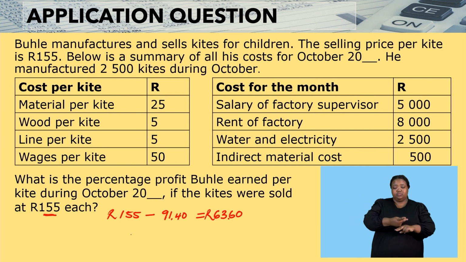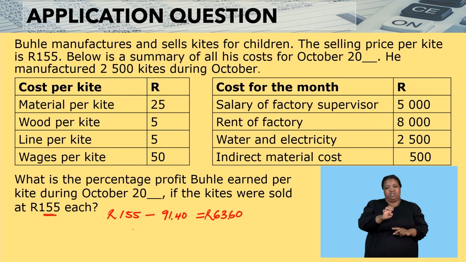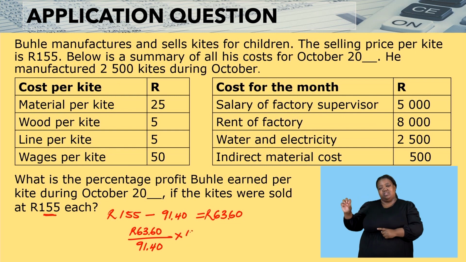So we then take our profit per kite, which is 63 rand 60. We divide this by the cost per kite, and the cost per kite is 91 rand 40. And then we multiply this by 100 over 1.